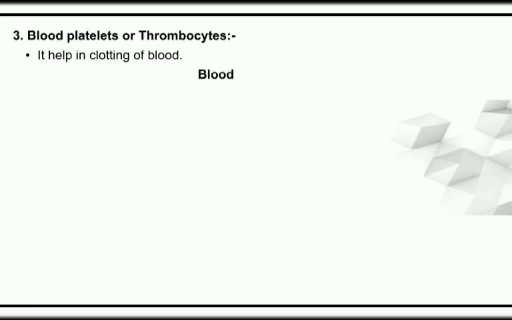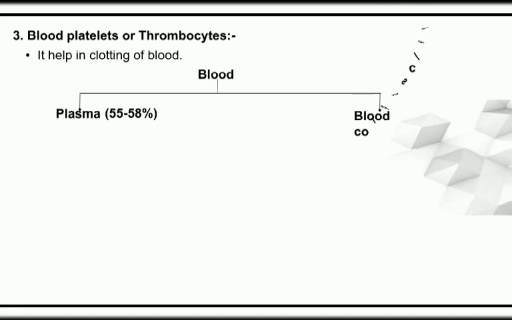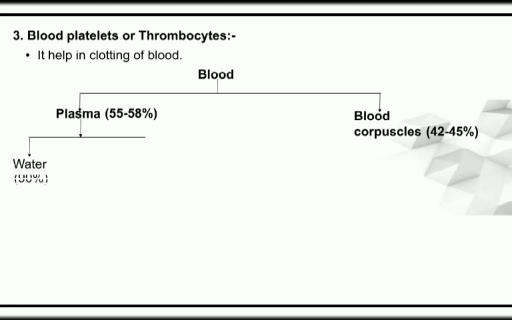Now here are the branches. Blood has two components: plasma, which is about 55 to 58%, and blood corpuscles, which is about 42 to 45%. Plasma is composed of water, which is about 90%, then blood protein, which is 7 to 8%, then salt, which is about 1%, and organic compounds.